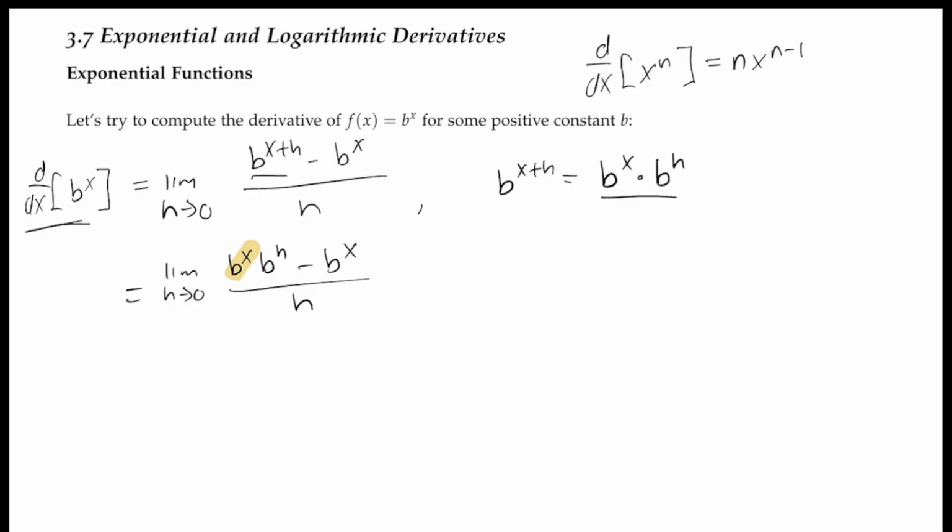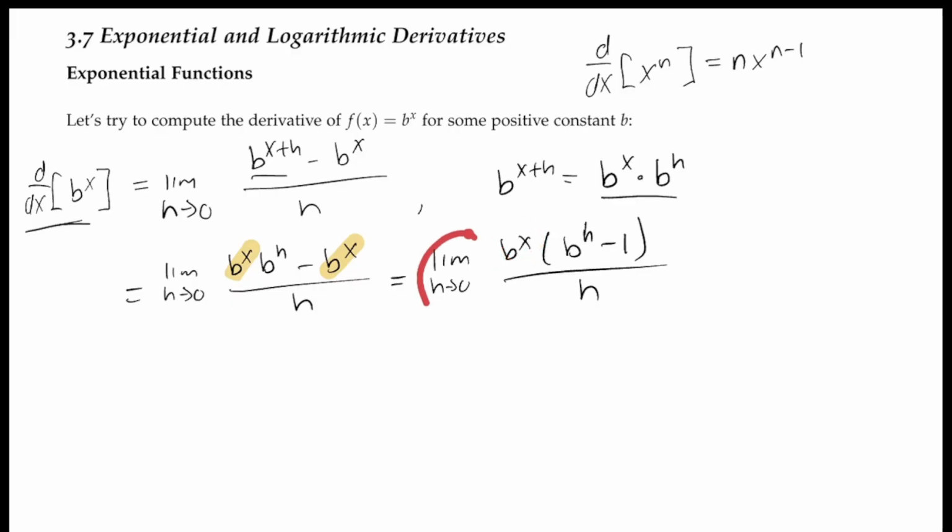Now, we do have a GCF now. If you guys will notice here, I have b to the x twice. And so my next step, I'm going to factor that out. I'm going to go, hey, I can pull my b to the x out. And so I'll be left with b to the h minus 1 all over h. There is one more thing that we're going to do here. And so I want everybody to recognize that this b to the x right here has no h's in it, right?